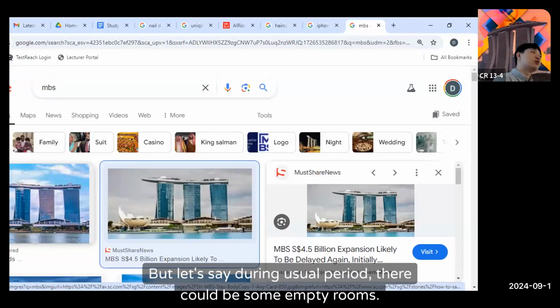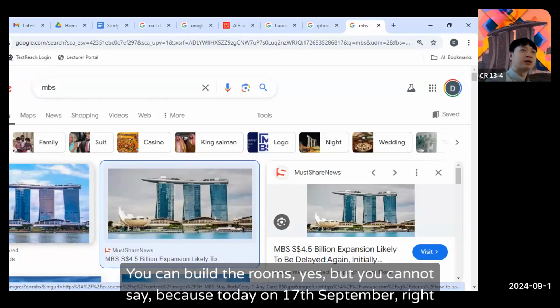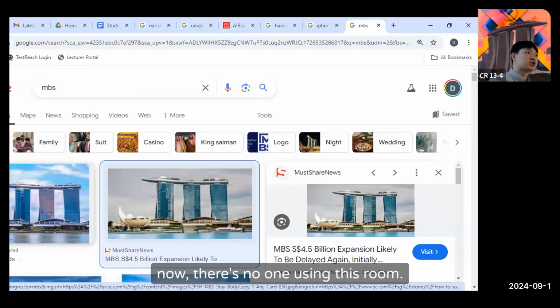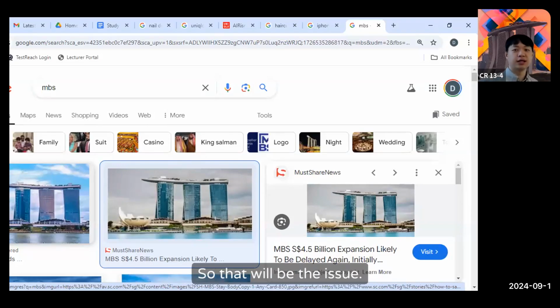But during the usual period, there could be some empty rooms. Then can we keep the empty room and take it out in December? You can build the rooms, yes, but you cannot say, because today on 17 September no one is using this room, I can keep this emptiness and take it out in December. Cannot, right? So that will be the issue.